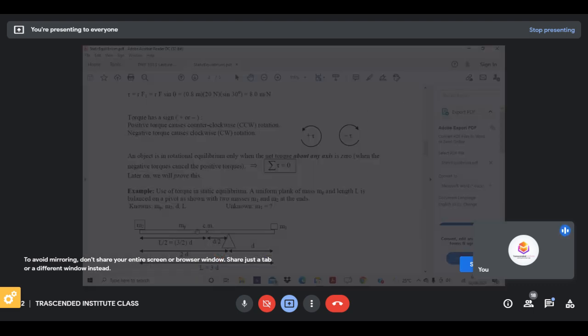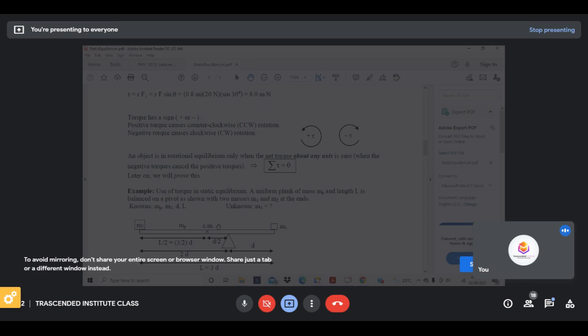Let's try to look at this diagram as well and analyze the torques. The question says the use of torque in static equilibrium. A uniform plank of mass MP and length L is balanced on a pivot as shown, with two masses, M1 and M2, at the ends.